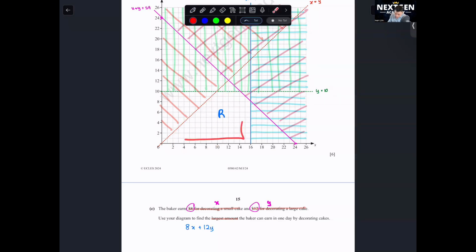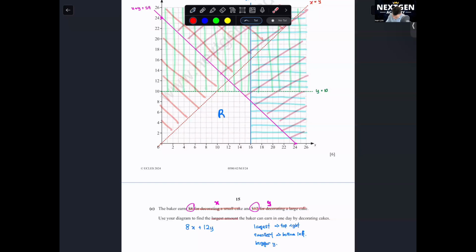How do we find the largest value within this region here? You want to think about finding values at the top right corner. Remember this, largest means top right, smallest means bottom left of the region. And you want a bigger y also, because y will give me the bigger multiple.